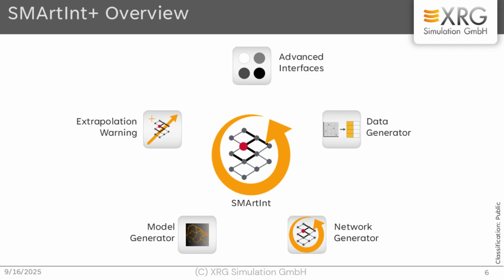And we have a model generator to bring our trained models easily back into Modelica. We also have one of our features, the extrapolation warning, that can be used to see if our network is getting inputs that it's not trained on, because then the prediction quality can sometimes be bad. We will also take a look at how it works and what it can be used for.